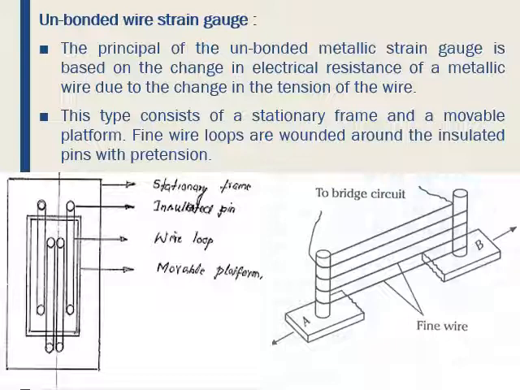Generally, four separate filaments are connected electrically to form the Wheatstone bridge and are arranged mechanically so that filaments in the adjacent bridge arms are subjected to strains of the opposite sign, as we can see in the figure here.